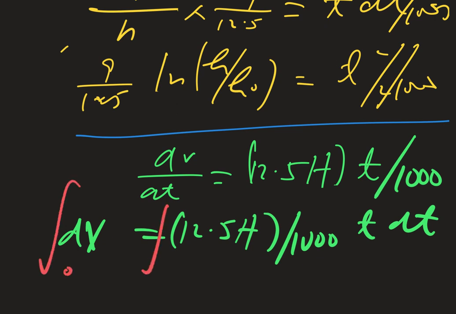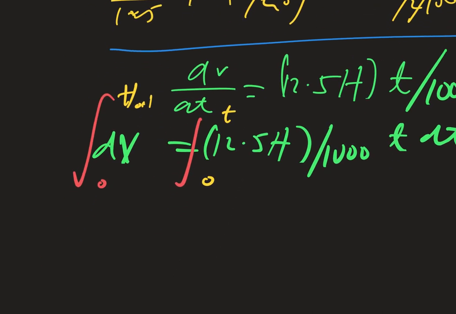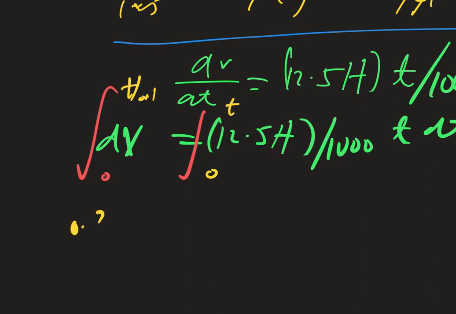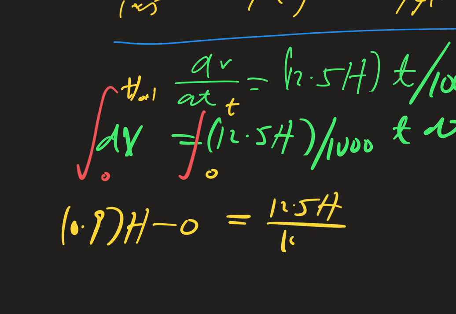Initially V is 0, ultimately V is V ultimate. That means 12.5 H times A: initially t is 0, ultimately this is t. So A is 0.9 times H minus 0 equals 12.5 H divided by 1000 times t squared over 2 minus 0.